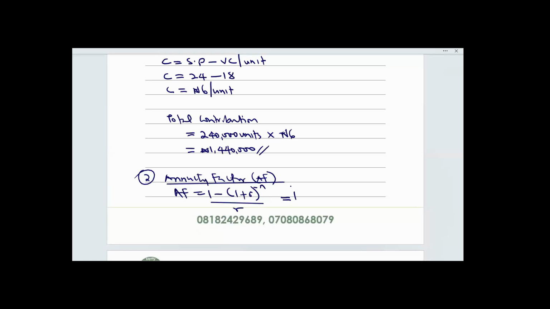So here will be 1 minus 1 plus the cost of capital, 17%, which gives us 1.17 raised to power minus 10. Useful life is 10 years. Then divided by 0.17. What do you have here?